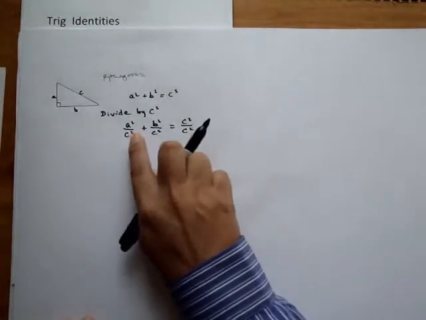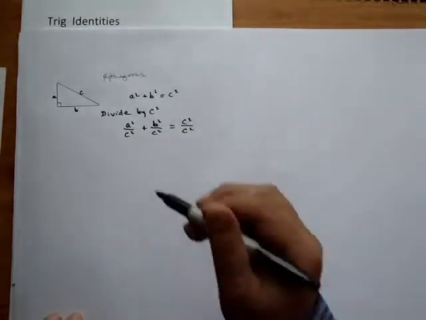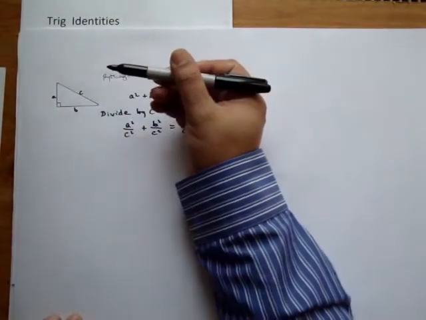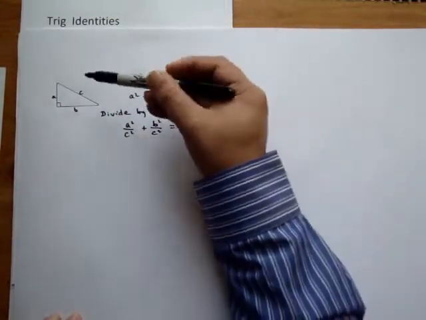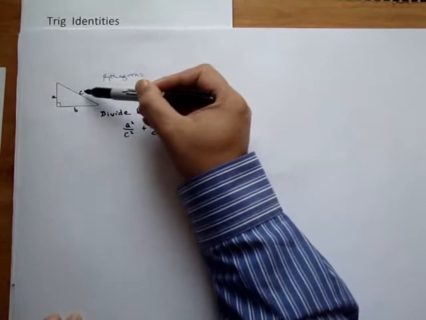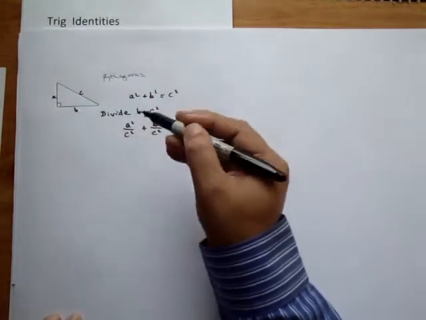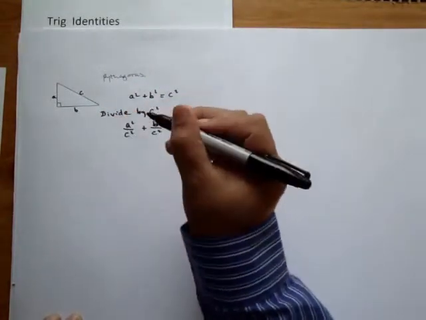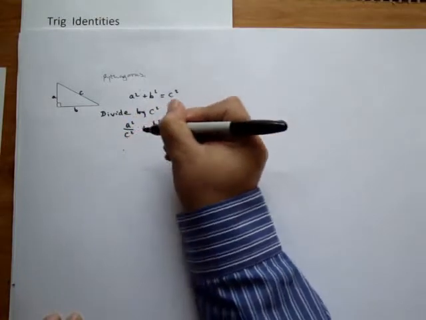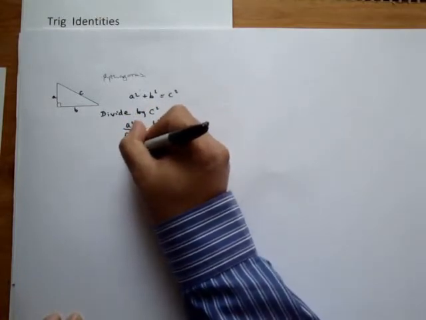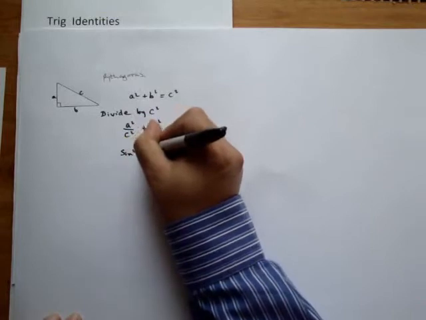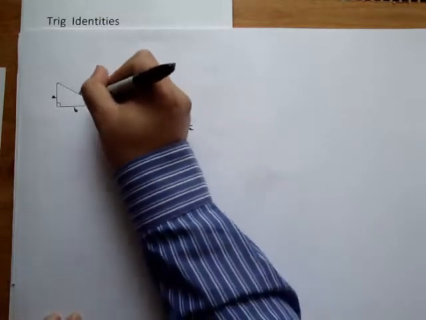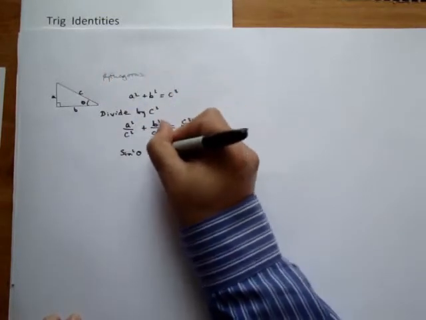Now A squared over C squared is the opposite over the hypotenuse, which is nothing but sine squared theta, if this is theta.